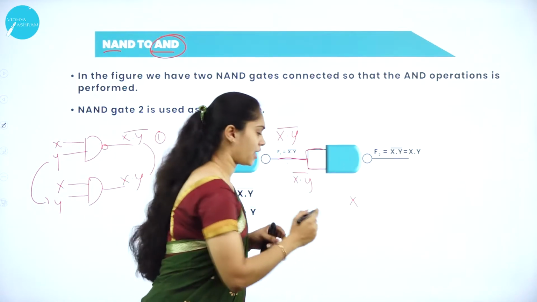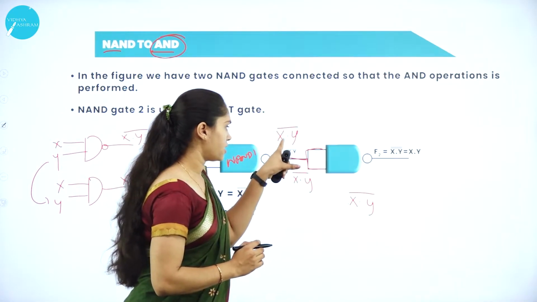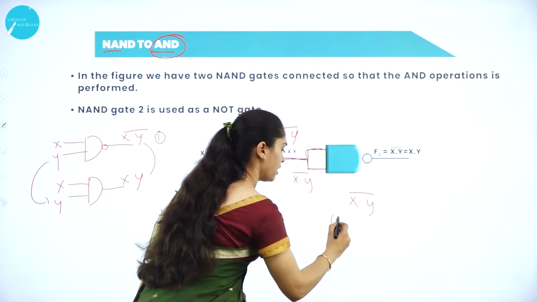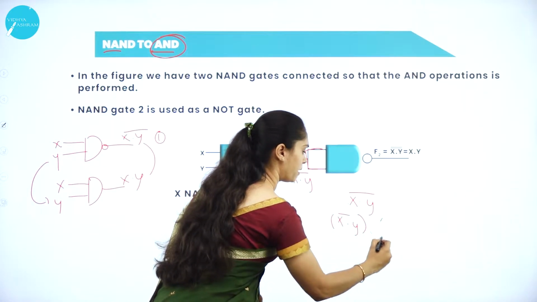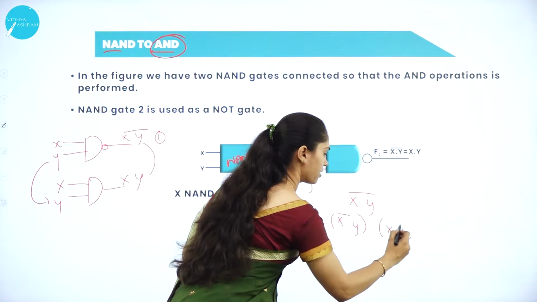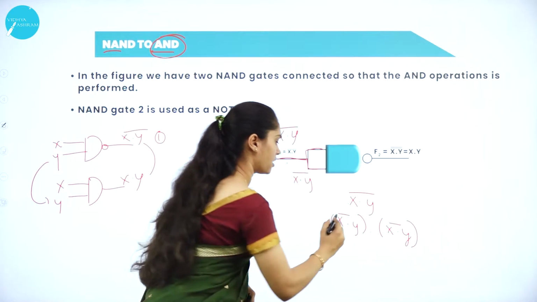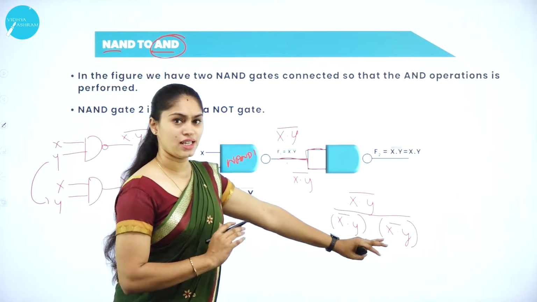We know the NAND gate is x dot y fully barred, where x represents this (x dot y) whole bar, and y represents the other (x dot y) whole bar.